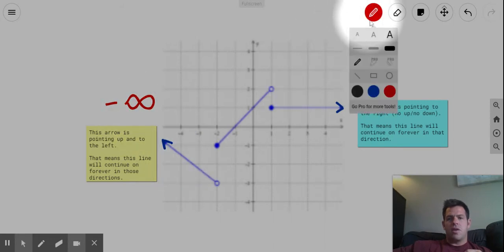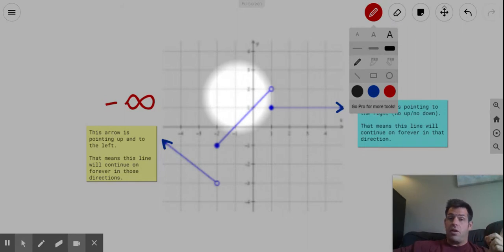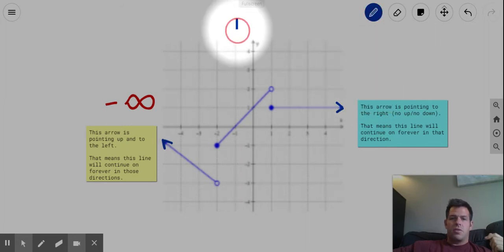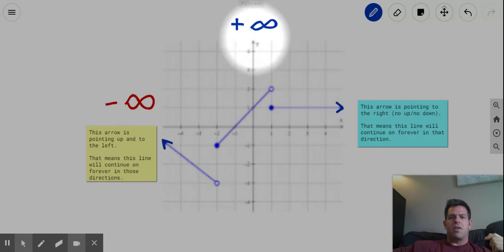But I also want to understand that it's going upwards. So when it comes to our y values, it's traveling up forever and ever. It's going to go all the way to positive infinity as it's traveling up, up, and up.